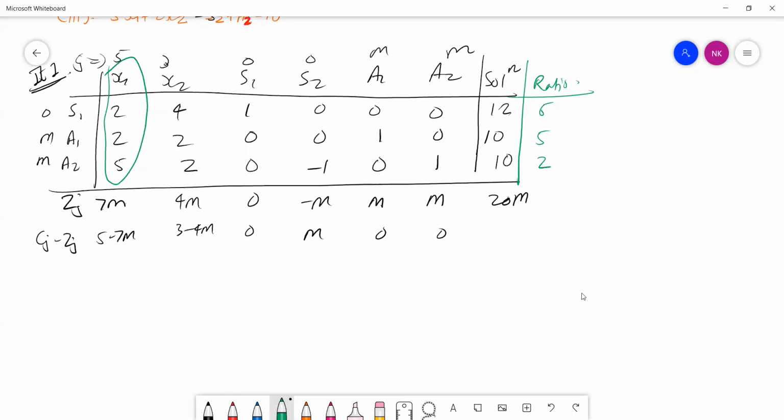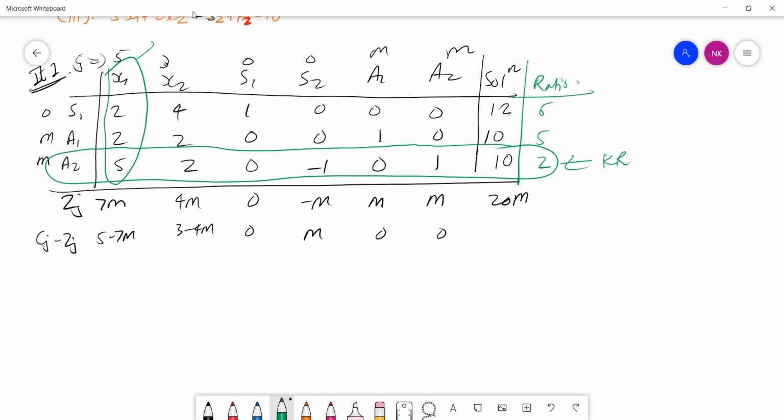So in this particular case, what should be our choice? It should be the smallest one. That means this one. So this is our key row, this is our key column. Our x1 will be entering in place of A2.